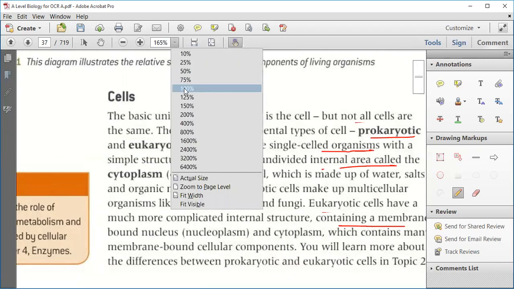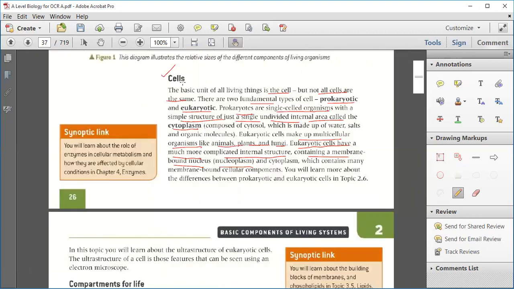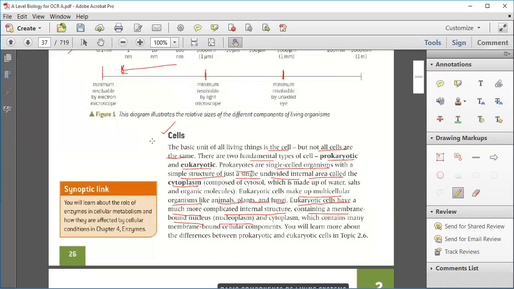So you can say that the eukaryotic cell is a little more advanced than the prokaryotic cell. This eukaryotic cell contains many membrane-bound cellular components, that is, they have their own specific wrapping, or you can say boundary. You will learn about the difference between the prokaryotic and eukaryotic cell in topic 2.6.